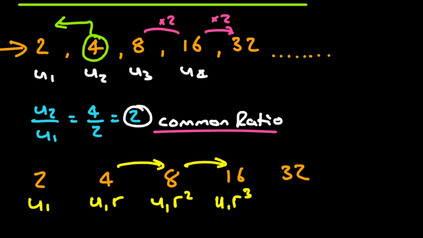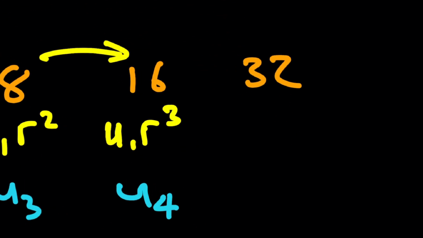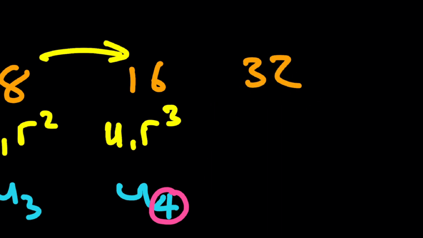Now, if you remember, this was term 1, and this was term 2, this is term 3, and term 4. Through inspection, we can realize that the term number is always 1 greater than the power of r.